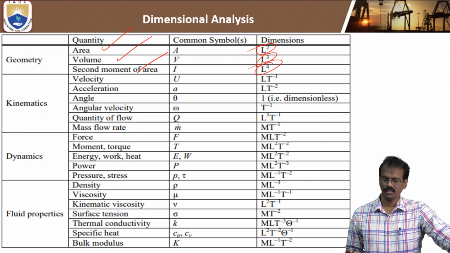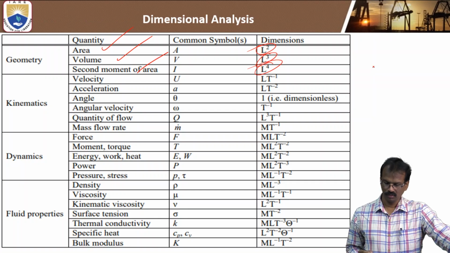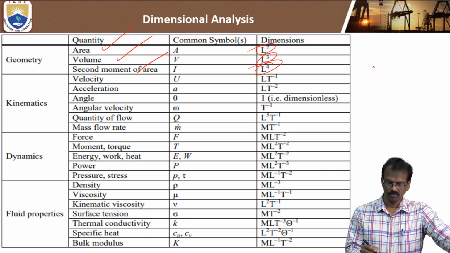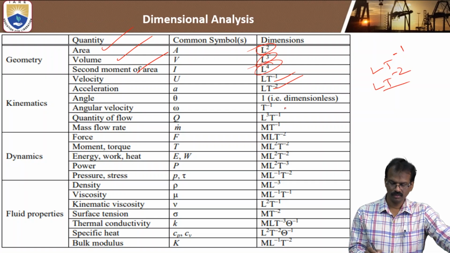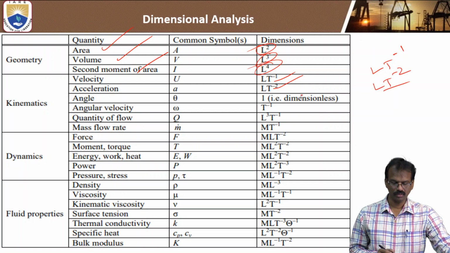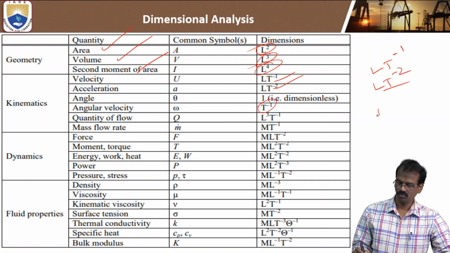Acceleration means velocity by time. Velocity is distance by time, so that is LT minus 1. Acceleration, velocity by time, is LT minus 2. Angle is 1, dimensionless. Angular velocity is T to the power of minus 1.